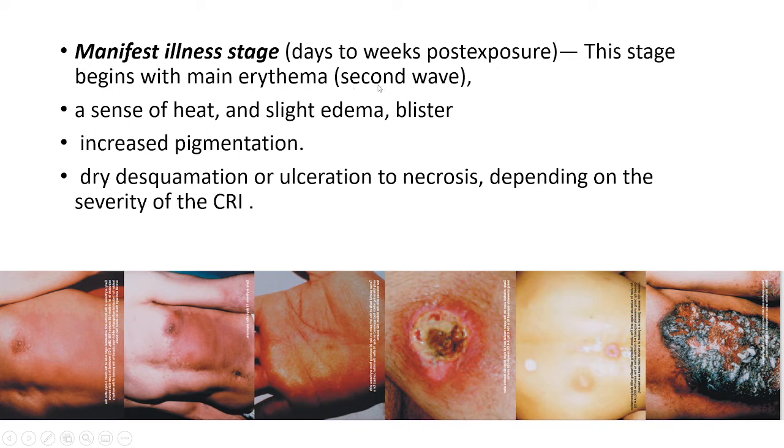In this phase, there is a second wave of erythema. There will be redness, increased heat sensation, blistering, and increased pigmentation. The larger the dose, the more the symptoms will be there, with dry desquamation, ulceration, and necrosis.